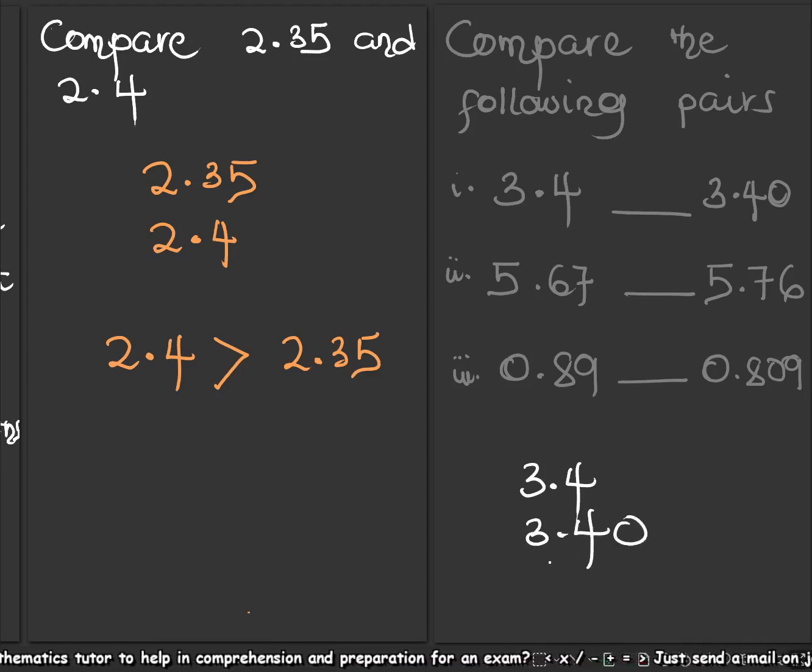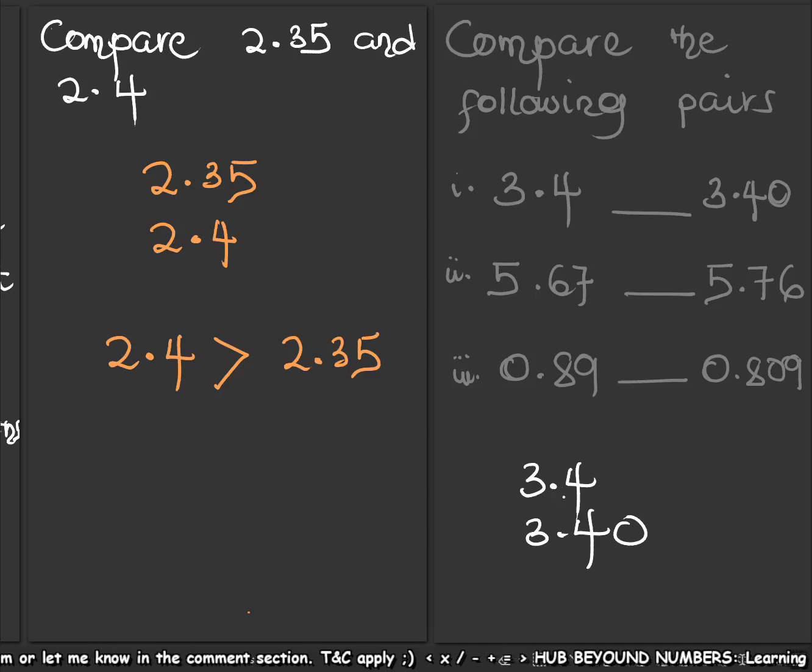If you are just to look at the number of digits, this has 2 digits, this has 3. But let's take note. In comparing, we need to check our whole numbers. This has 3, whilst this also has 3. Hence, let's go to the next digit. This has 4, whilst this also has 4. This is only possible if you are able to align. If you don't align, you'll be comparing wrong digits.